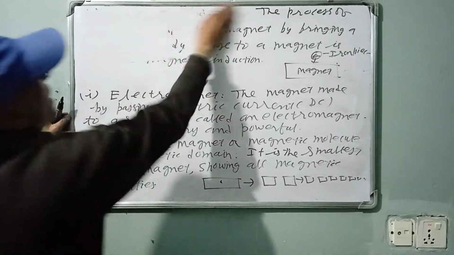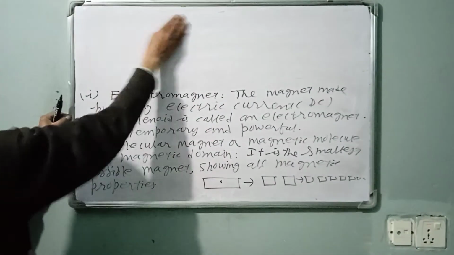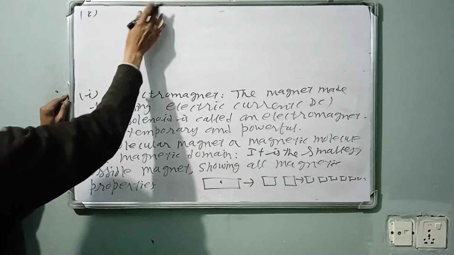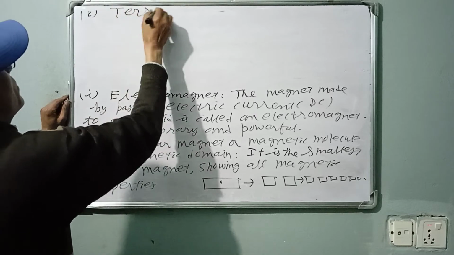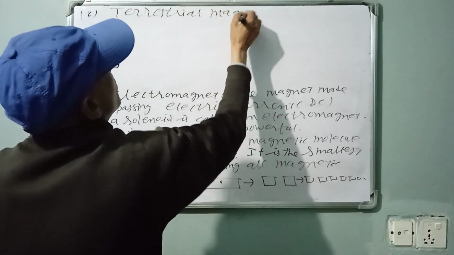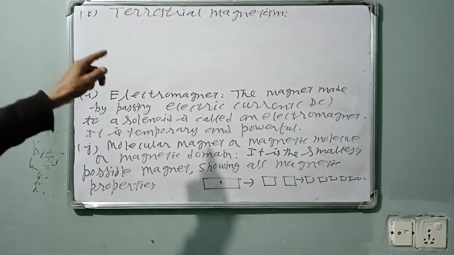K number, possibly the last: terrestrial magnetism. It is found in one book. What is terrestrial magnetism?